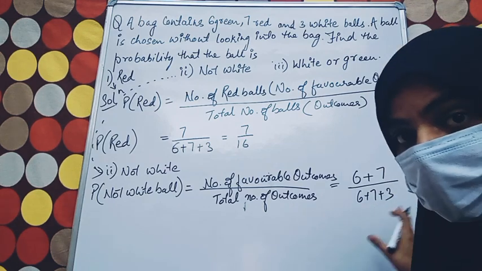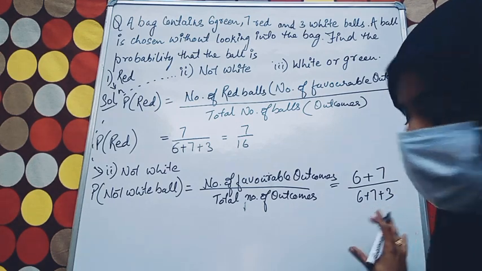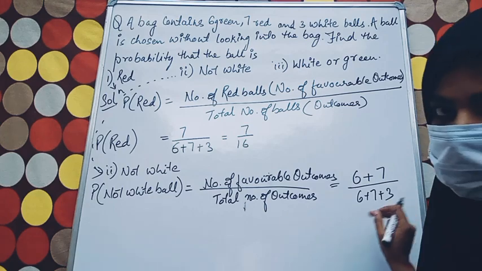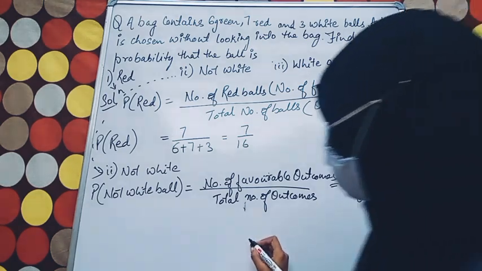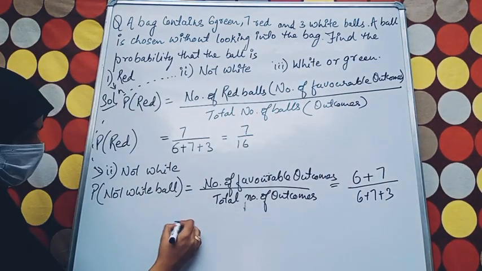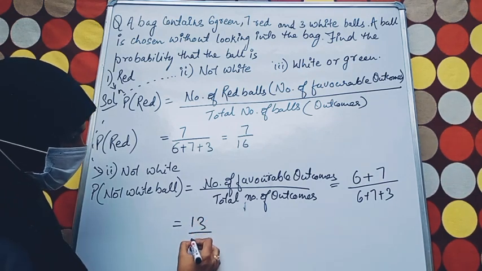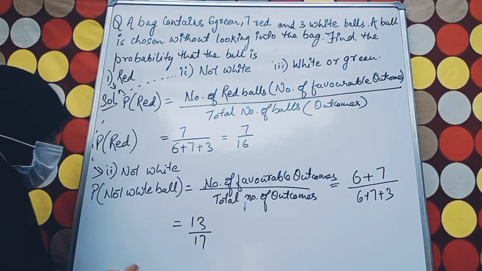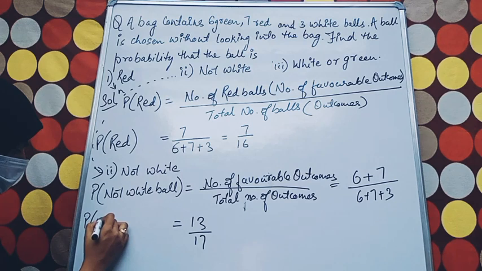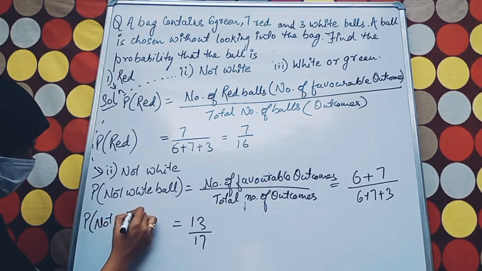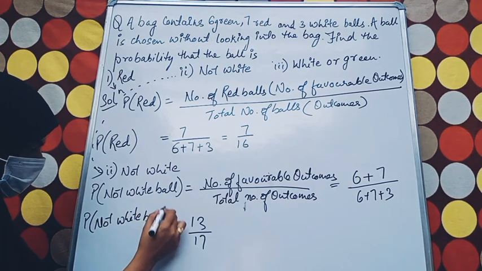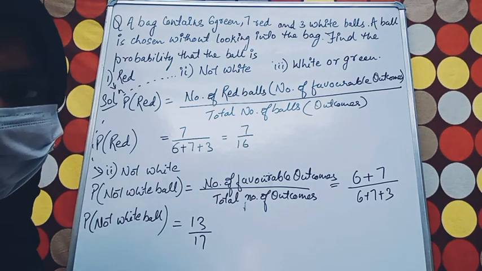We have to write the total quantity, we cannot skip it. So it will become 13 upon 16. This will be the probability for a not white ball. I hope it is clear on the board.